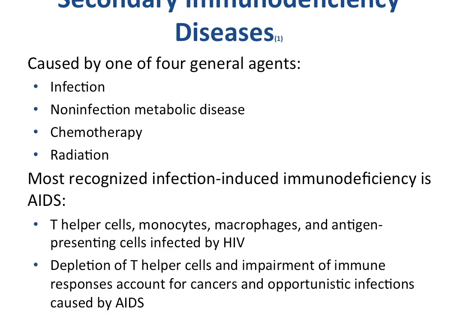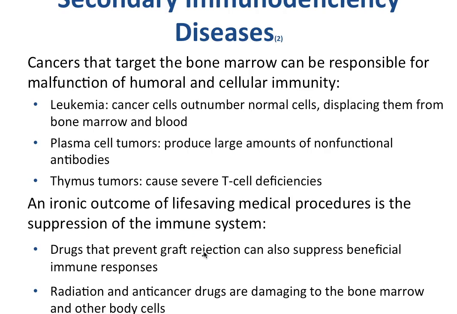This is a virus that attacks the T helper cells, monocytes, macrophages, and antigen presenting cells, especially the CD4 cells. So the patient will have a very low number of CD4 T cells, and the patient has a problem with the immune response. So it's very easy for the patient to get infections.